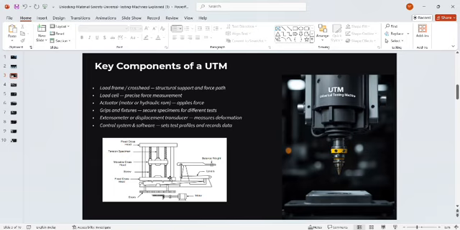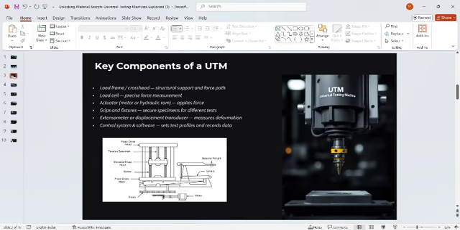One side is fixed and the other side is given the load. Here are the gears which support moving the screw, and the motor which gives the driving force to make this machine work.